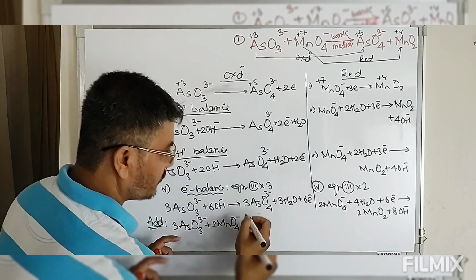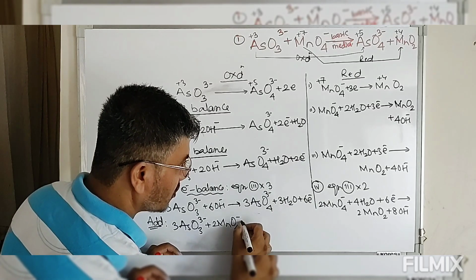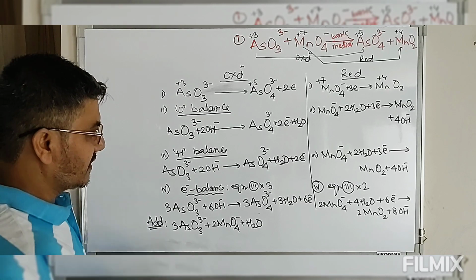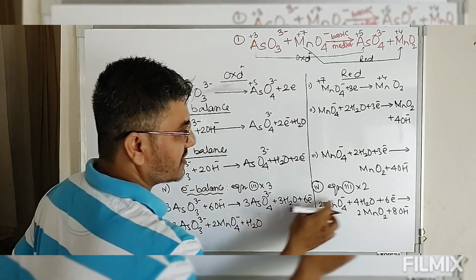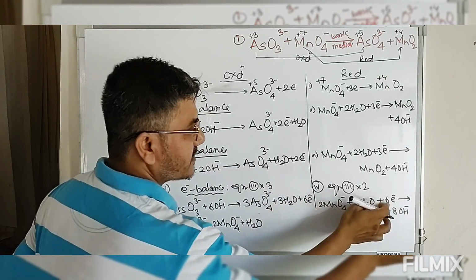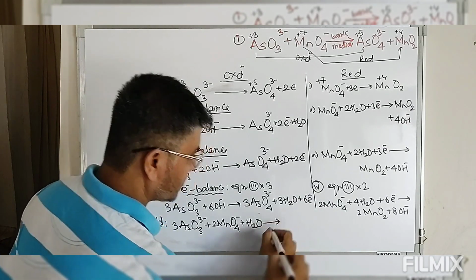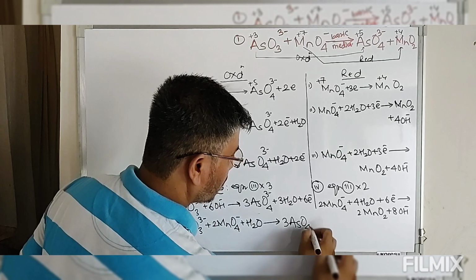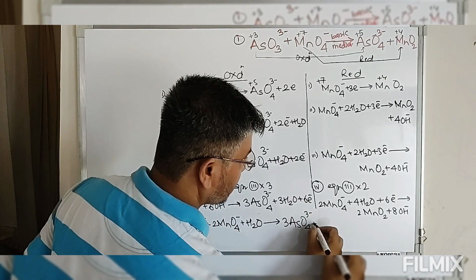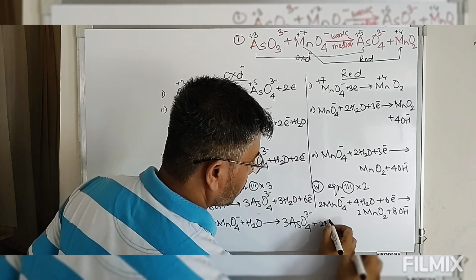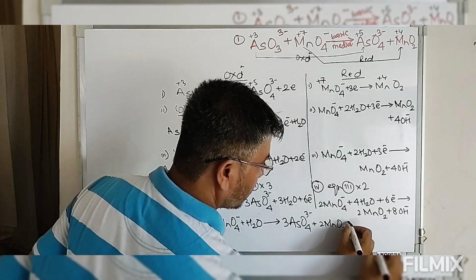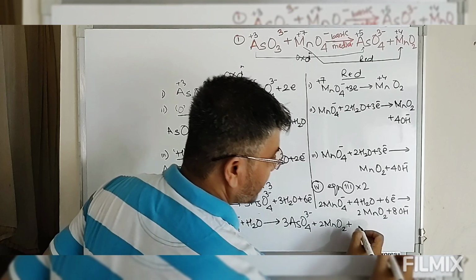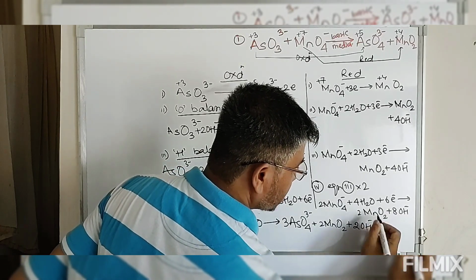So after this, we'll cancel out 3. So we are left with 1 H2O on left hand side. This 6 electron left side, right side will cancel out. So after this what is left is 3 AsO4 3 minus plus 2 MnO2 plus, this was 6 OH, this was 8, so we are left with 2 OH minus.